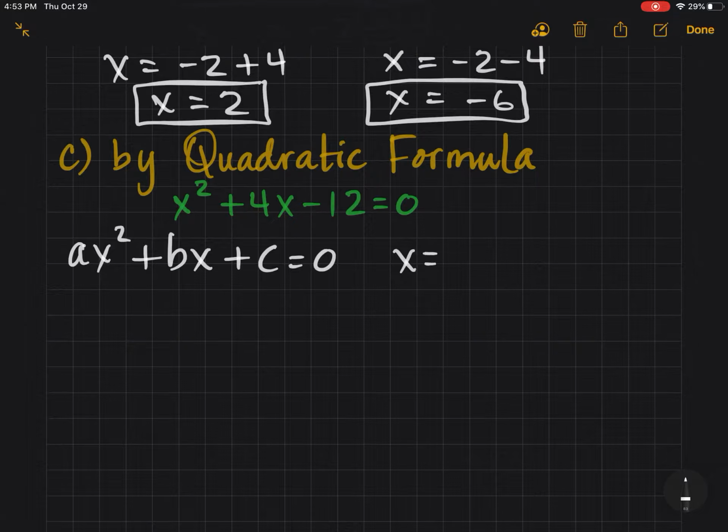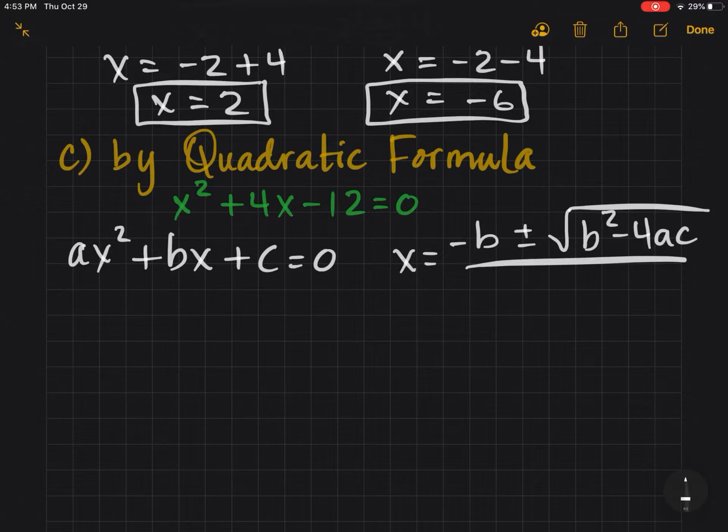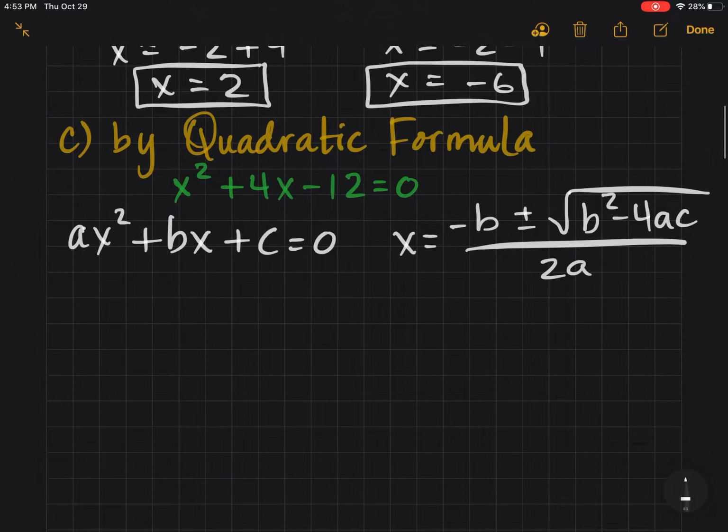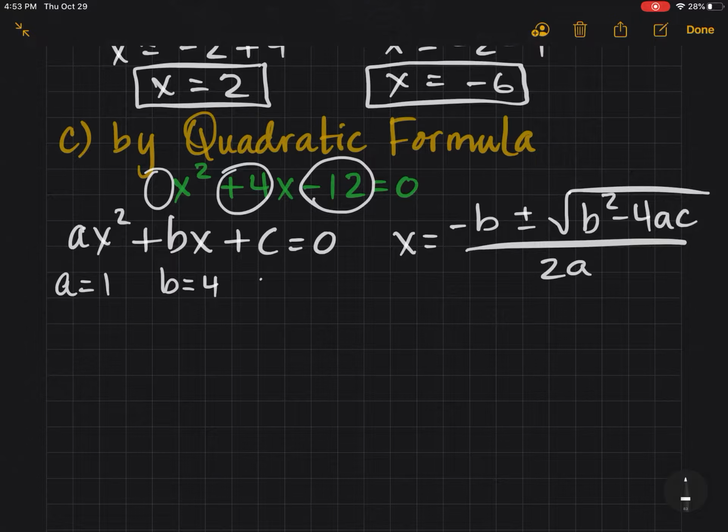then x equals negative b plus or minus the square root of b squared minus 4ac all over 2. Okay, so here I can see a equals 1, b equals 4, and c equals a negative 12. Watch those signs.